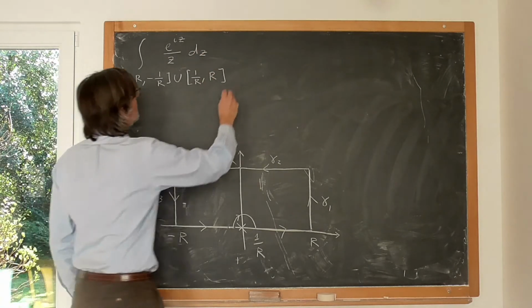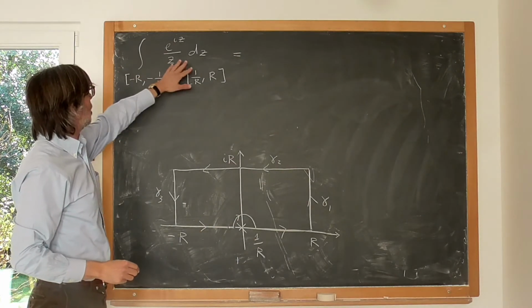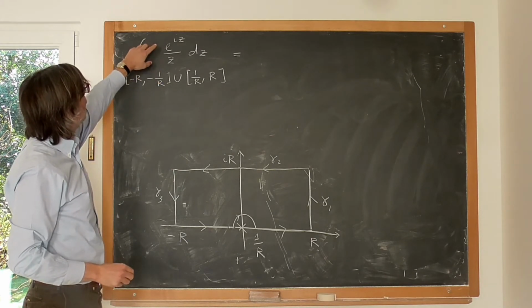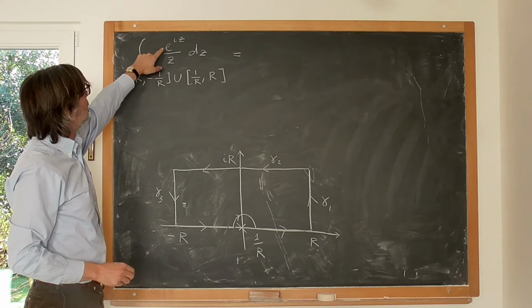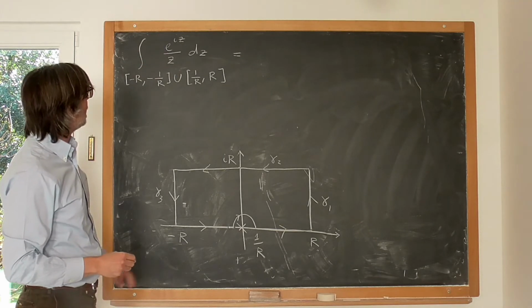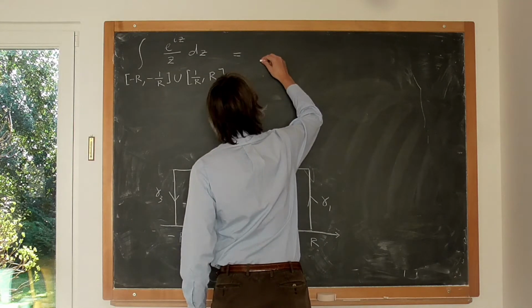Okay, this is precisely, so now z is real, so we can also call it x, and we can write e to the ix as cosine x plus i sine x, so we can split this integral in 4 pieces.